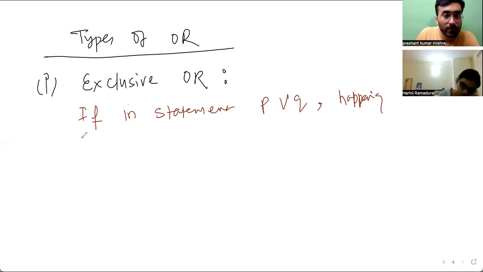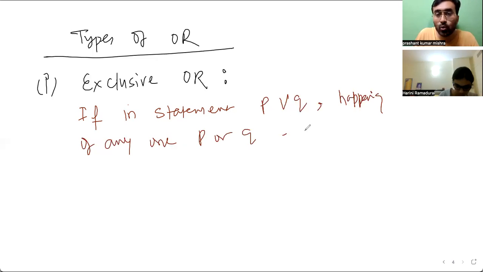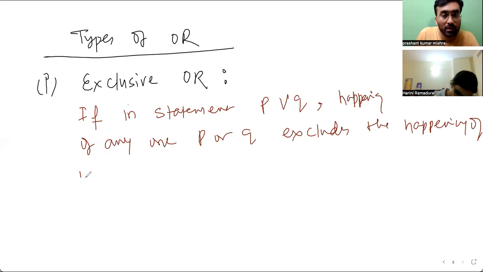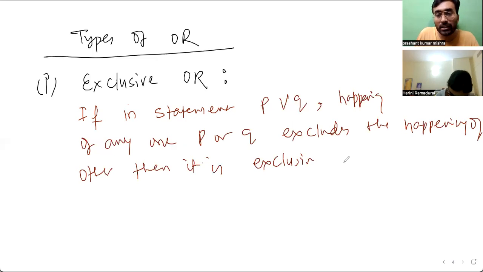P or Q excludes the happening of the other, then it is exclusive or.